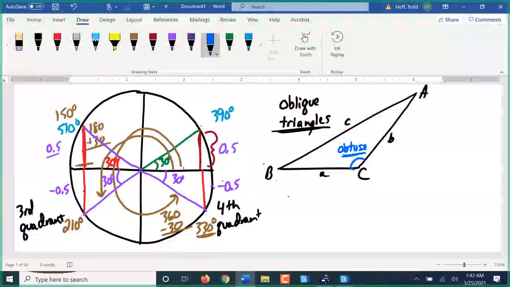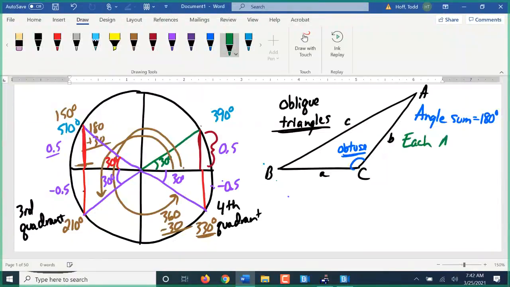Because it's still in a triangle, there are limits to the size of those angles. Because the angle sum of a triangle is 180 degrees, and obviously no angle can be negative, each angle has to be between 0 and 180 degrees.